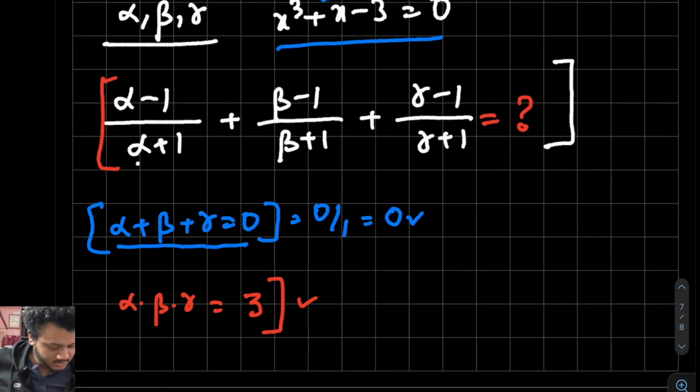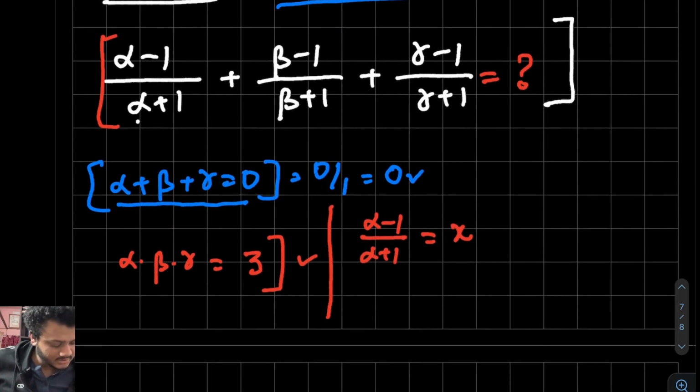We can take several approaches. We can change the equation and say that alpha minus 1 by alpha plus 1 is equal to x.